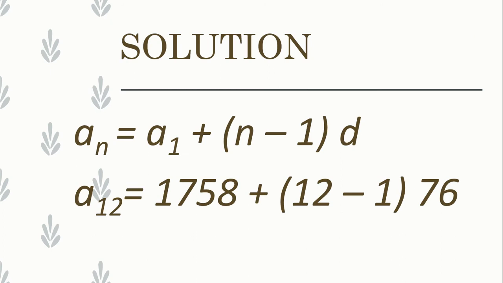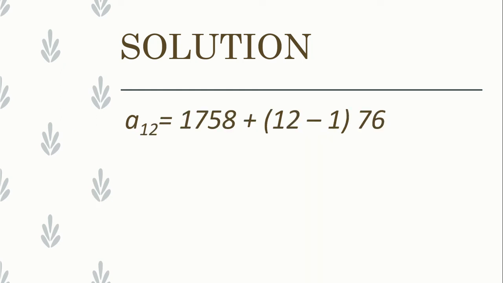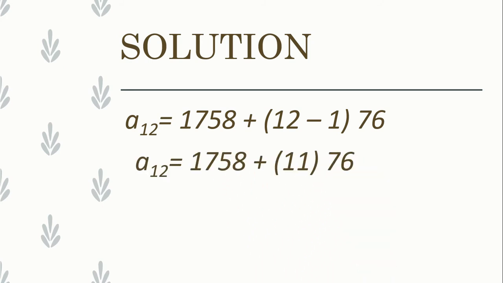By substitution, the 12th term is equal to 1758 plus the quantity of the difference of 12 and 1 multiplied by 76. By continuous evaluation, that will become 1758 plus 11 multiplied by 76.